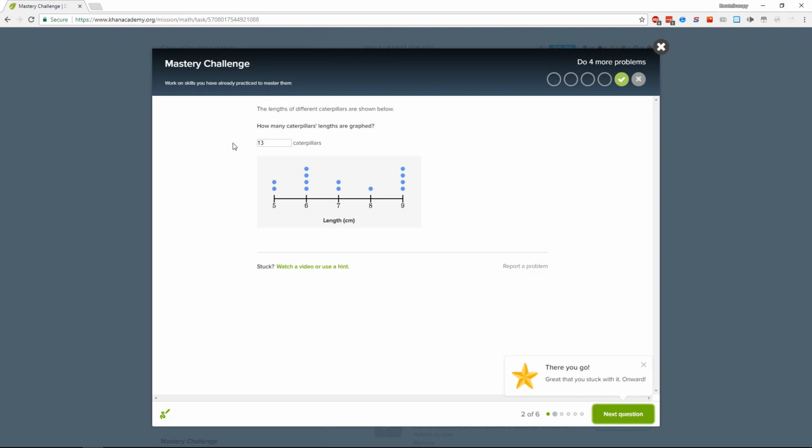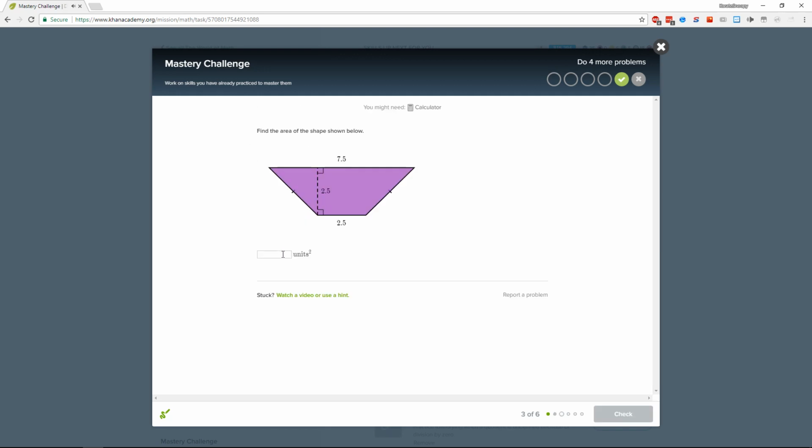Did I just count it wrong? Okay, I just counted it wrong. No big deal. So we add these 2, so that's 10 divided by 2 is 5, multiplied by 2.5, or 25 divided by 2. So that's like 12 and a half.